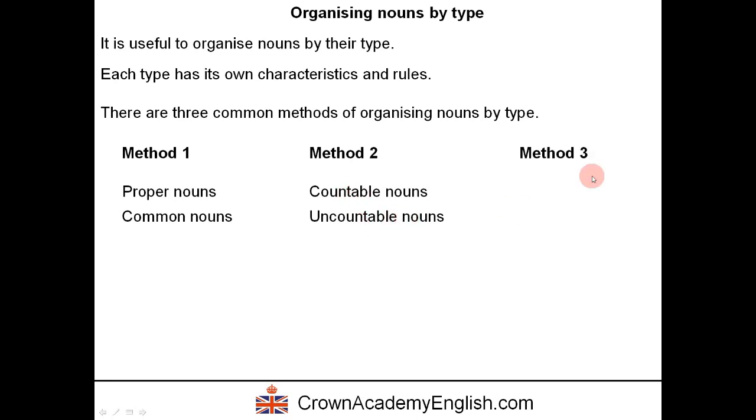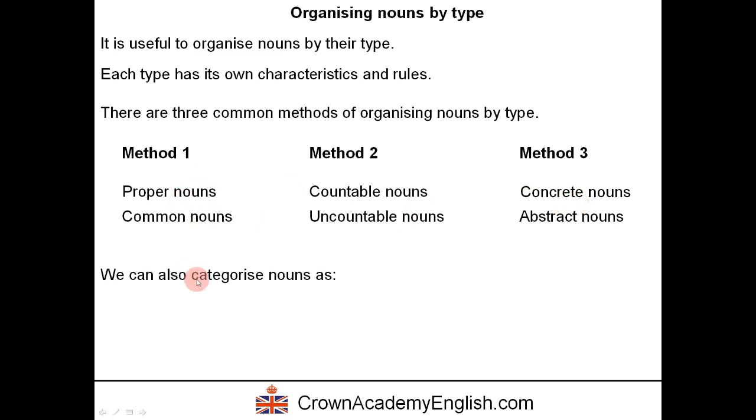And the third method is concrete nouns and abstract nouns. We're going to look at all of these during this lesson. And finally, we can also categorize nouns as compound nouns and collective nouns. These are two other types of nouns which are a little bit different, so I'll explain these at the end of the lesson.